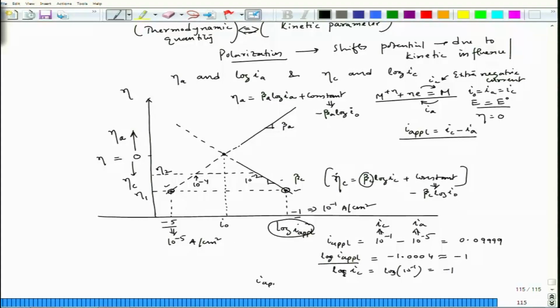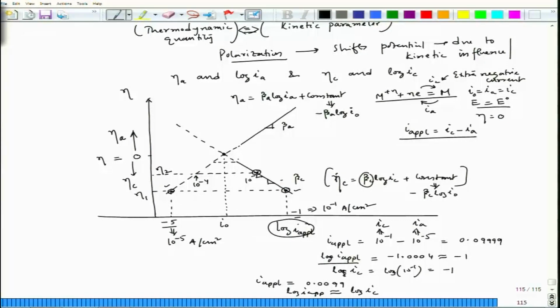So, I applied would be equal to 0.09999, and I could see that log I applied equal to log of I C. So, that means that time also, if I plot log I applied, which is the excess current flowing through the circuit, it would be falling on the same point.